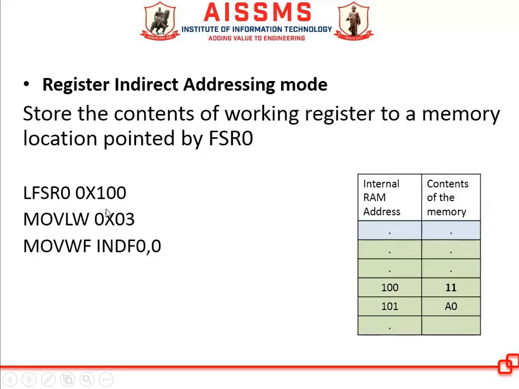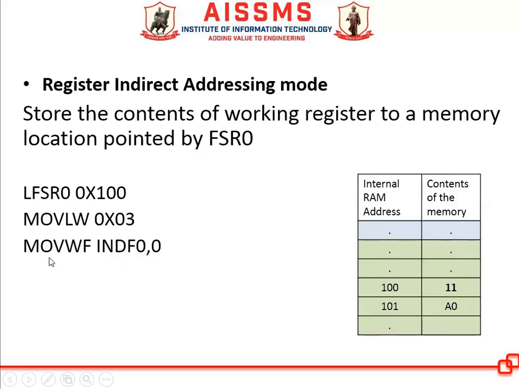In the previous slide, we have seen that for file select register 0, there are a number of SFRs associated with it. One of them is INDF 0. If you want to use a memory location pointed by FSR 0, which is 100 in this case, in the instructions you need to use SFR INDF 0.